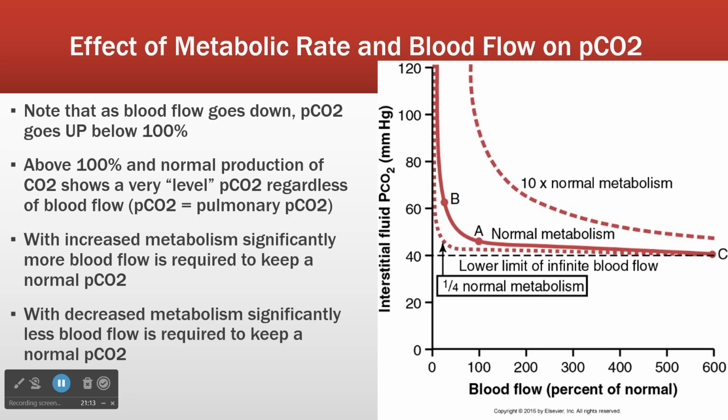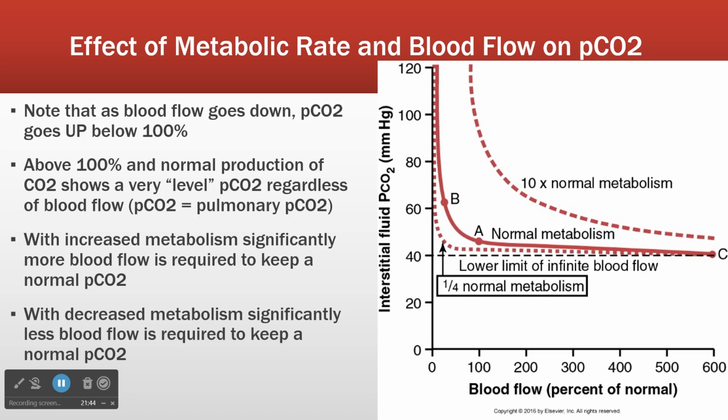But what typically happens is we meet somewhere in the middle. So if a tissue is super busy, it might get 5 times more blood flow. You are going to have a slight increase in the PCO2, but that's fine because new blood is coming in all the time. So yes, you have a little bit higher PCO2, but you're still clearing it. If you can increase the blood flow enough, this will come all the way back down to 45.